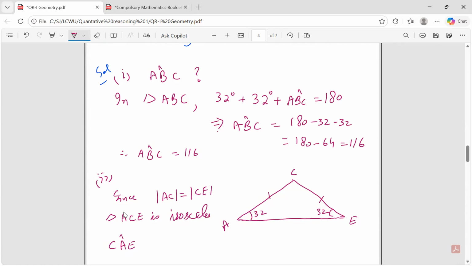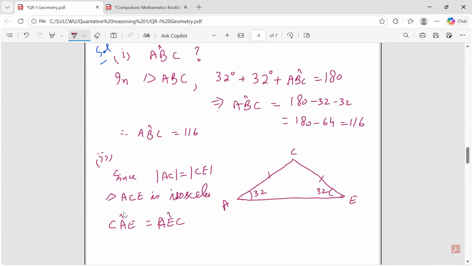And since angle CAE is 32 degrees, angle AEC is also 32 degrees. So these two angles are equal.